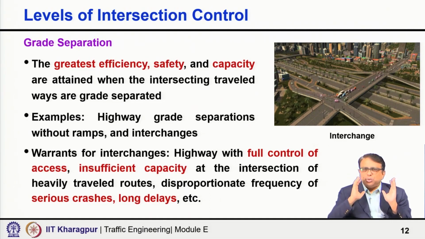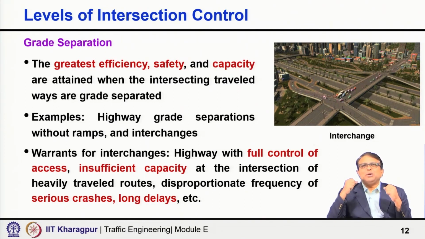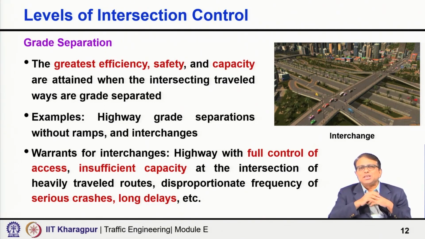Now, where would we typically like to go ahead with grade separation? Particularly for highways with full control of access. You want to develop completely access controlled facilities. Obviously, you want to remove at grade intersections, because at grade intersections the traffic entry and exit will really influence or cause interference to the traffic on the controlled access facility.